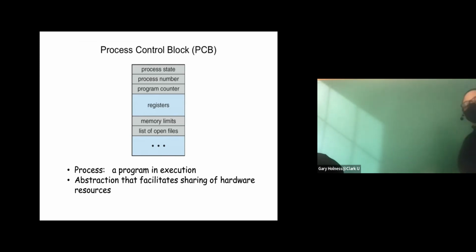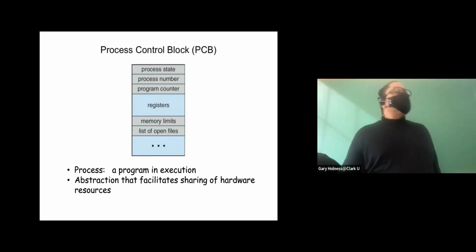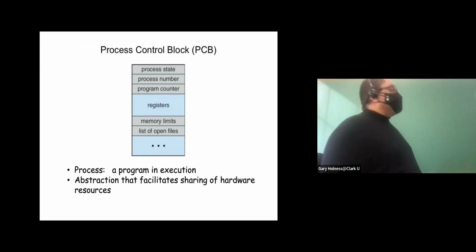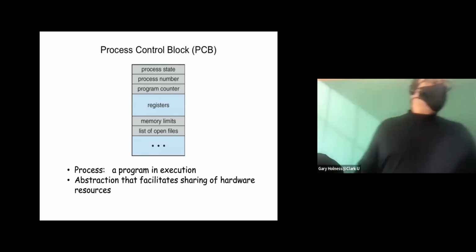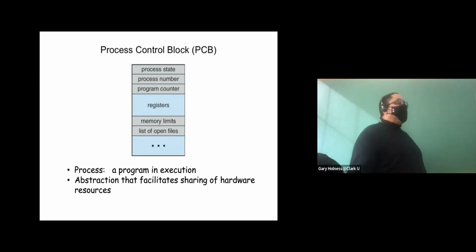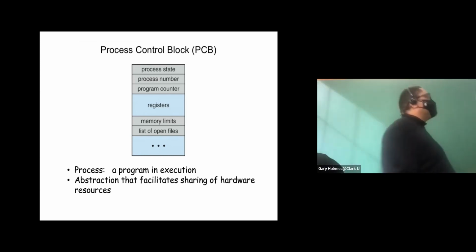And when you are running programs on your system, it appears to you that these programs in the executable form, processes, have sole access to all of the parts of your computer, but that's not the case.